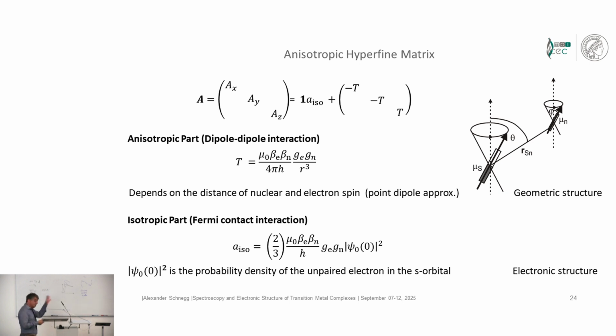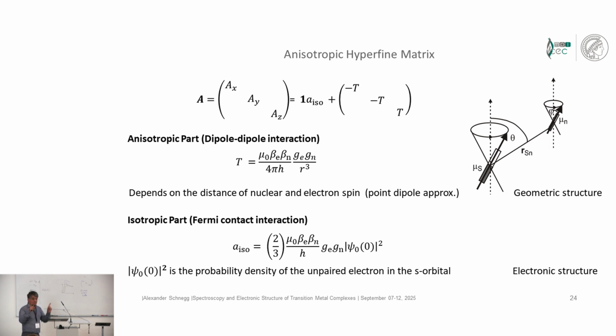I mentioned, and you heard this today already in the spin Hamiltonian introduction, that hyperfine couplings have an isotropic part and an anisotropic part. The anisotropic part provides information about the orientation and the distance of the nuclear spin and the electron spin with respect to each other, and can be, in many cases, described by a dipolar term.